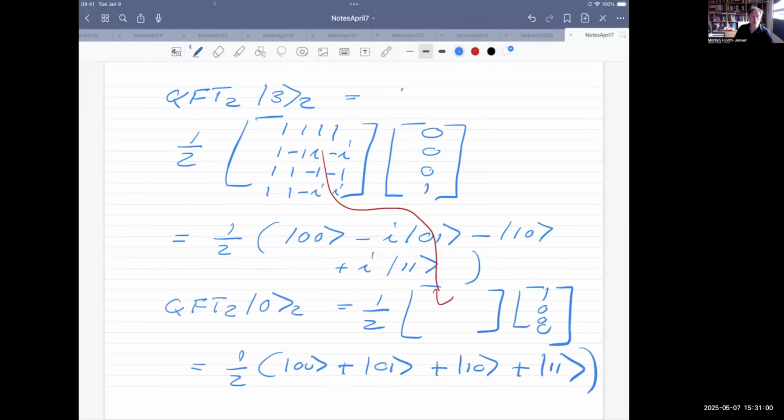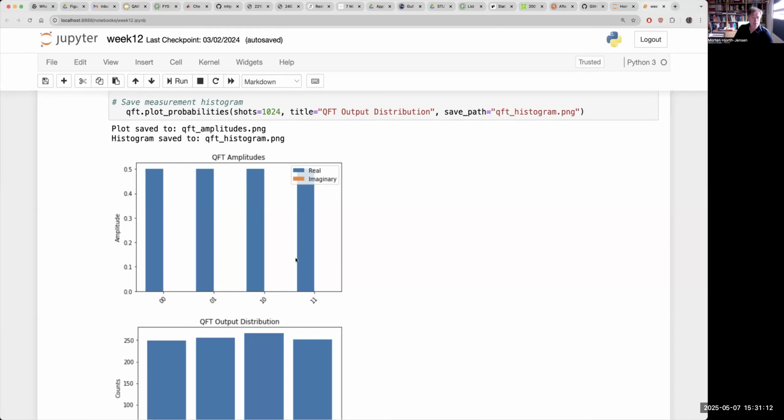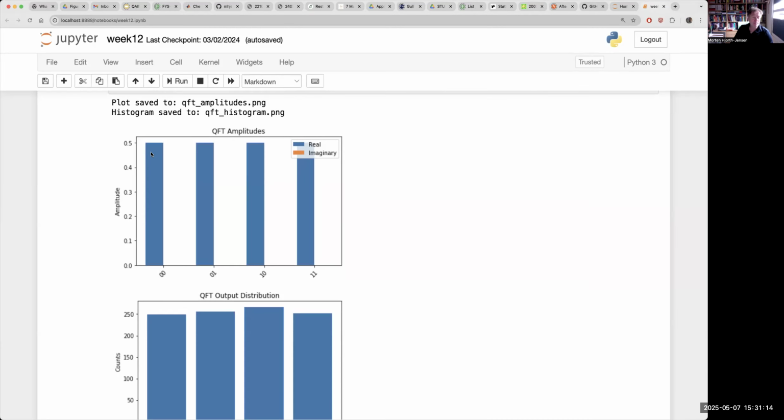If we go back to the program, just to check that what we are getting is making sense, you see now that we have the amplitudes, which is 0.5, as you saw in the notes there.